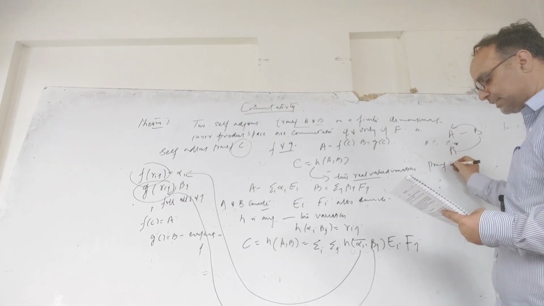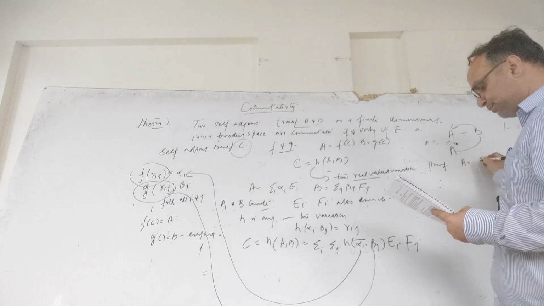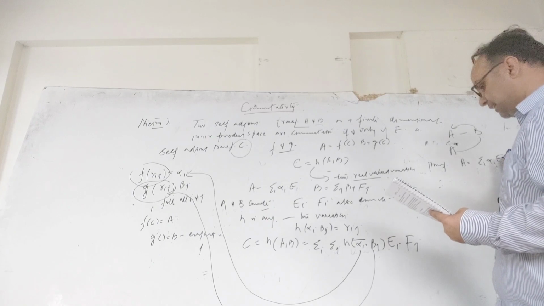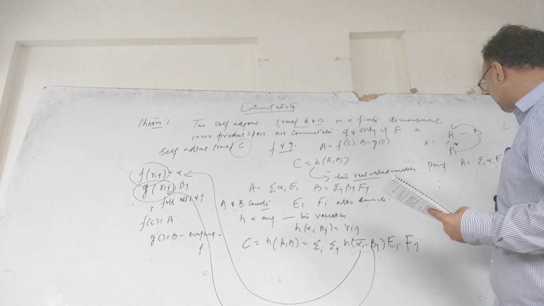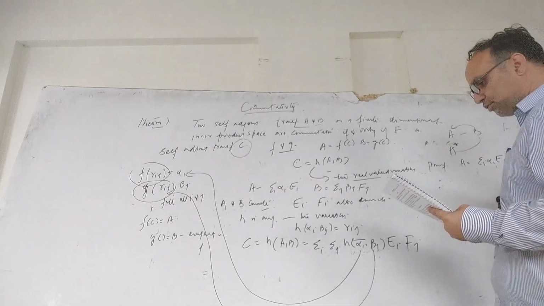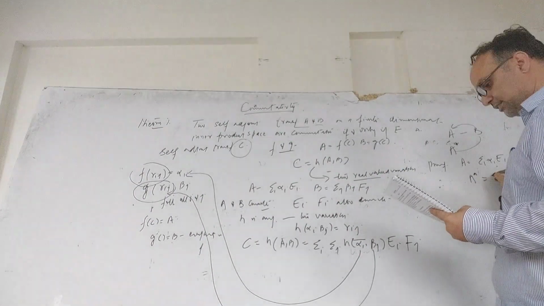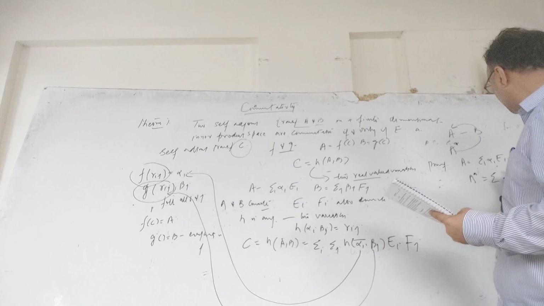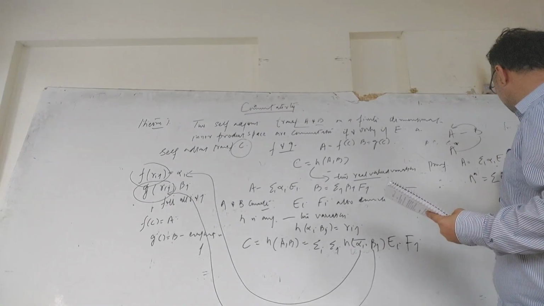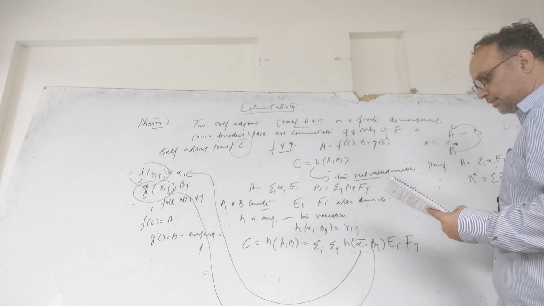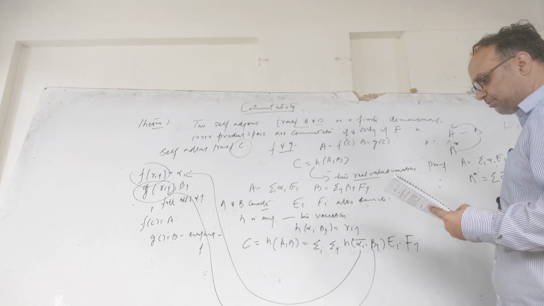The proof: we define A in terms of alpha I, ei, as a spectral form of A. Then A star can be defined similarly, with the complex conjugate.